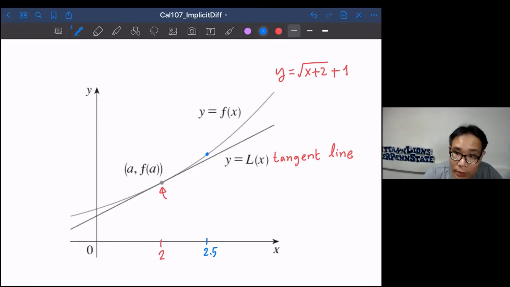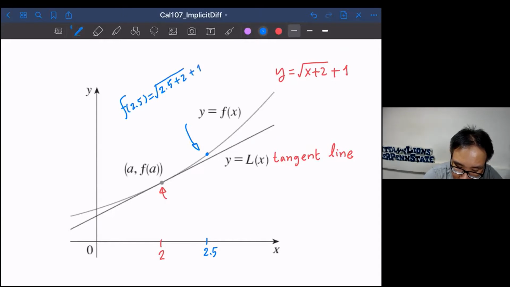So if you'd like to know f(2.5), it's going to be square root of 2.5 plus 2, plus 1. So it's going to be square root of 4.5 plus 1.